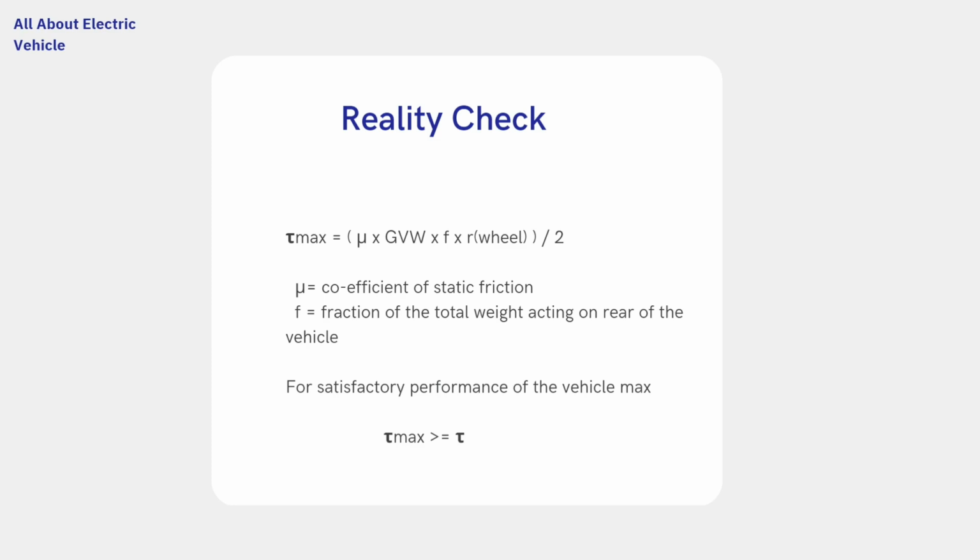The maximum torque is given as tau max equals coefficient of traction friction into GVW into F into R, divided by 2, where F is the fraction of the total weight acting on the rear wheel and R is the radius of the wheel. This condition should be satisfied in all cases so that there is no slipping of the wheels. For satisfactory performance of the vehicle, tau max should be greater than or equal to tau.